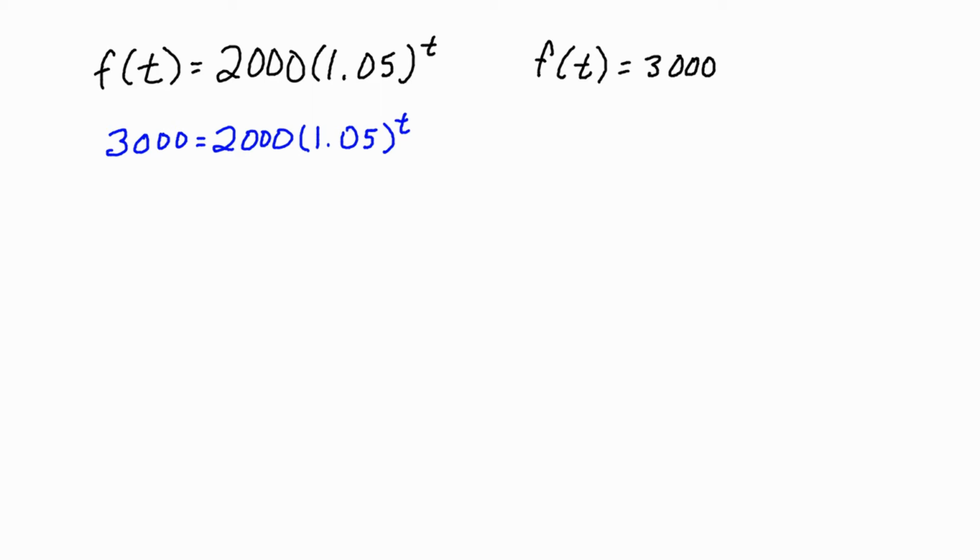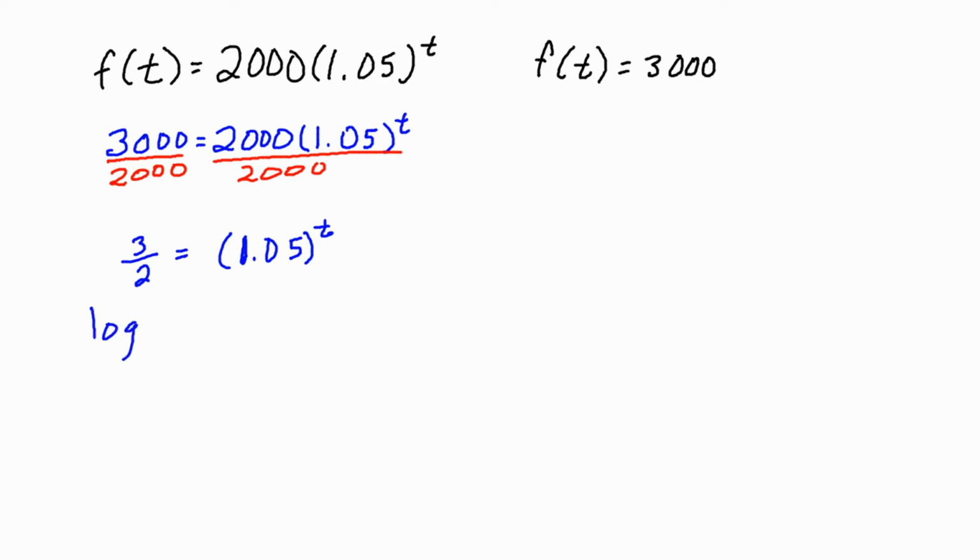To solve this for t, our first step is to get rid of the a. So we want to divide both sides by 2,000. On the left, my 3,000 divided by 2,000 reduces to 3 over 2, and on the right it reduces to 1.05 to the t power. In order for us to solve for our exponent, we're going to need to take the log of both sides.